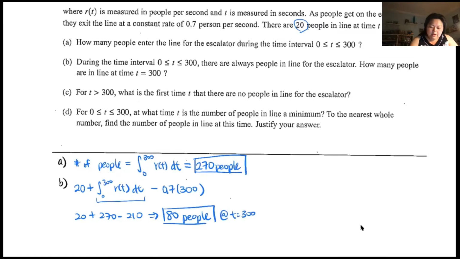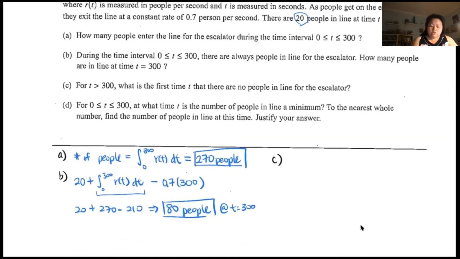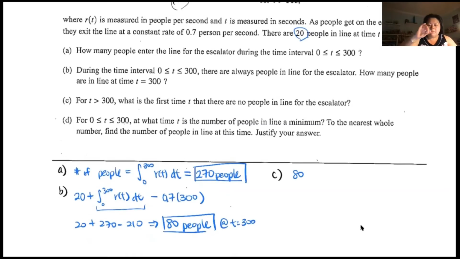Okay, all right, part C says for t greater than 300 seconds, what is the first time t that there are no people in line for the escalator? So remember, after 300 seconds, no more people will come in. So at 300 seconds, you only have 80 people left, and no more coming in, you're just leaving at the rate of the people exiting.